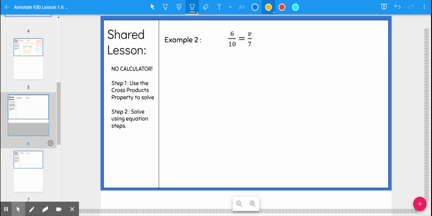We're going to use the cross products property to solve. So we are going to find the product of the means here. So we have 6 times 7, is equal to, then we're going to find the product of the extremes, which is 10 times v.